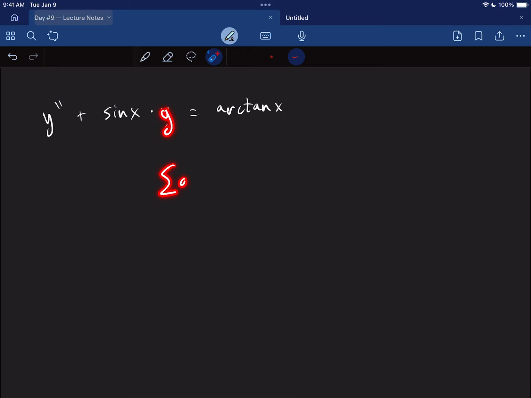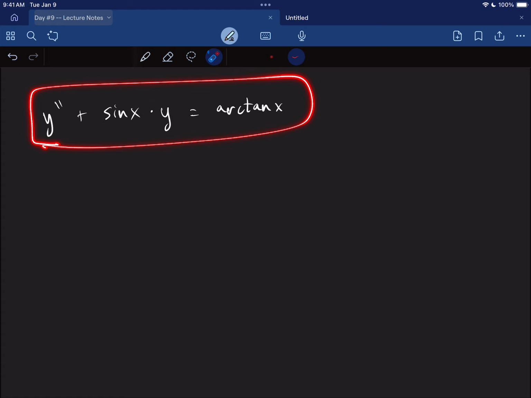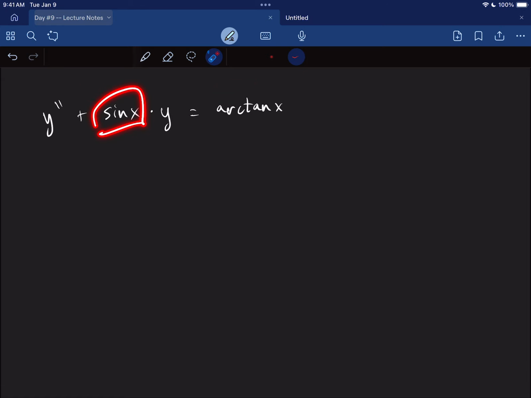You would say, hey, y is my power series. Great, let's do that. You take derivatives, you get y double prime. And when you plug your power series format into y and y double prime, when you plug it back into here so that you can then match coefficients, you are going to end up with a sine of x and an arctangent of x still just stuck floating around in there. What you can do though is use the power series for each of these, so you can write them out.